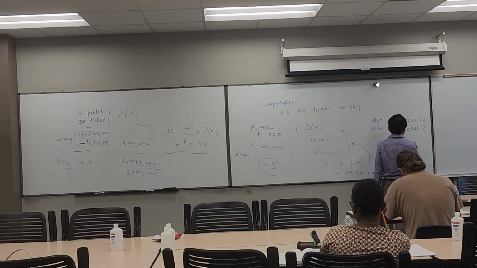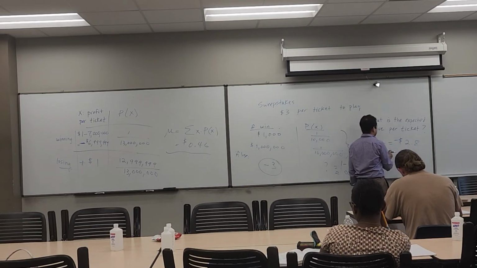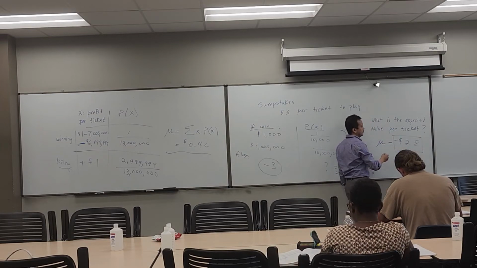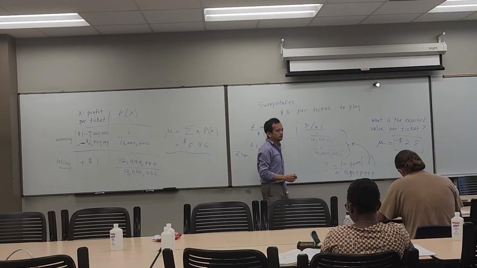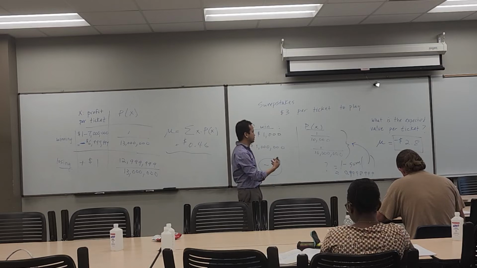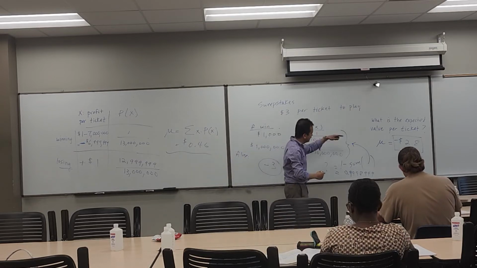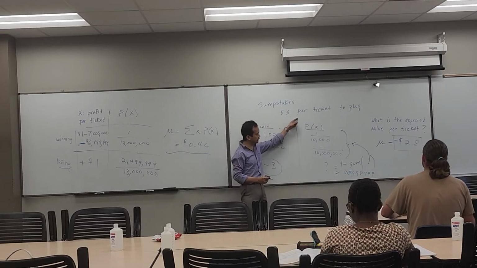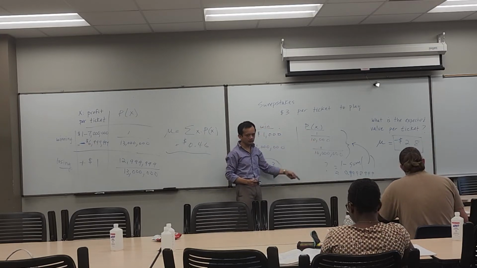Okay, that sounds about right. Okay, so what does this mean? This means that every time you play the sweepstakes, on average, you're gonna lose almost the full $3 per ticket. You're gonna lose $2.80.